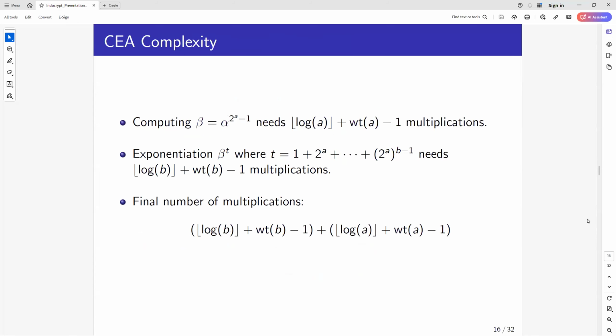So how many multiplications does it need? It needs log b. If the factorization of p minus 2 is a times b, the number of multiplications is log b plus weight b minus 1 plus log a plus weight a minus 1. For some particular primes, we got better results with this.